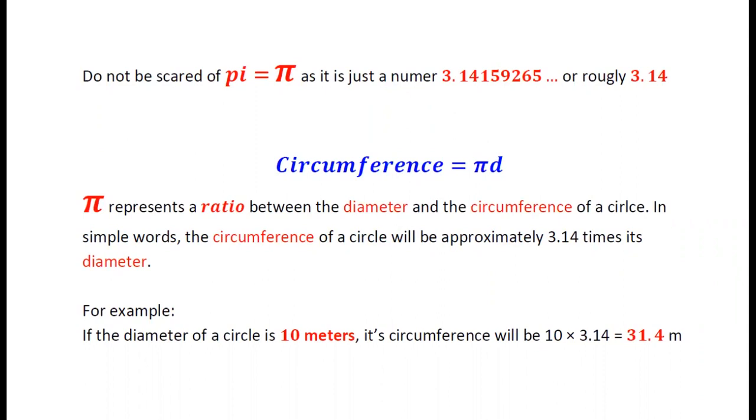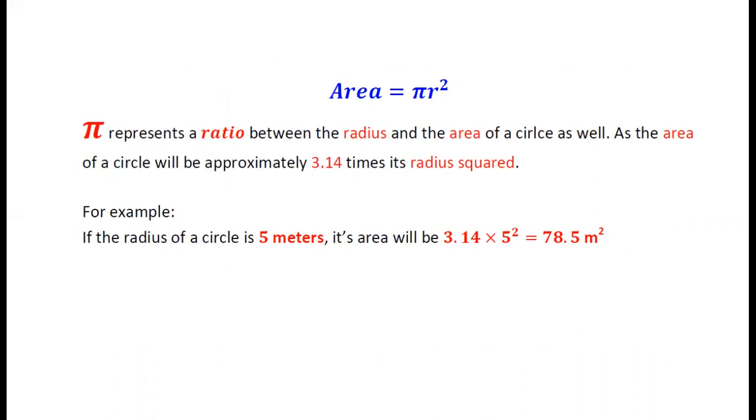For example, if the diameter of a circle is 10 meters, its circumference will be 10 times 3.14 or simply 31.4 meters. Pi represents a ratio between the radius and the area of a circle as well, as the area of a circle will be approximately 3.14 times its radius squared.